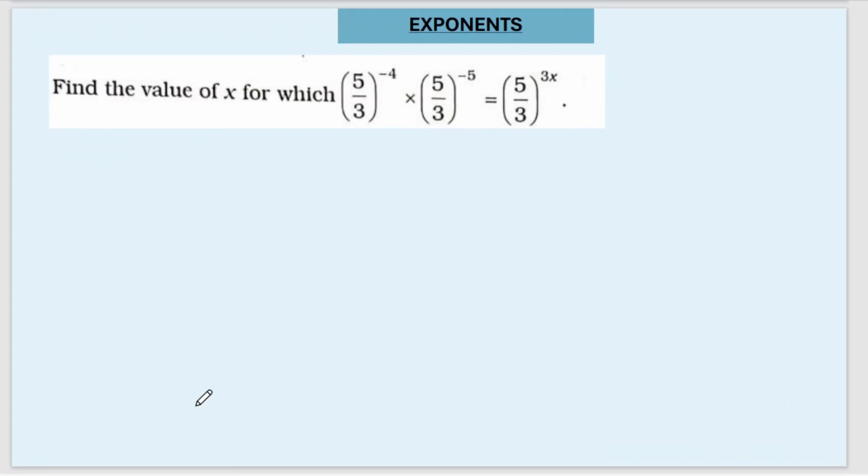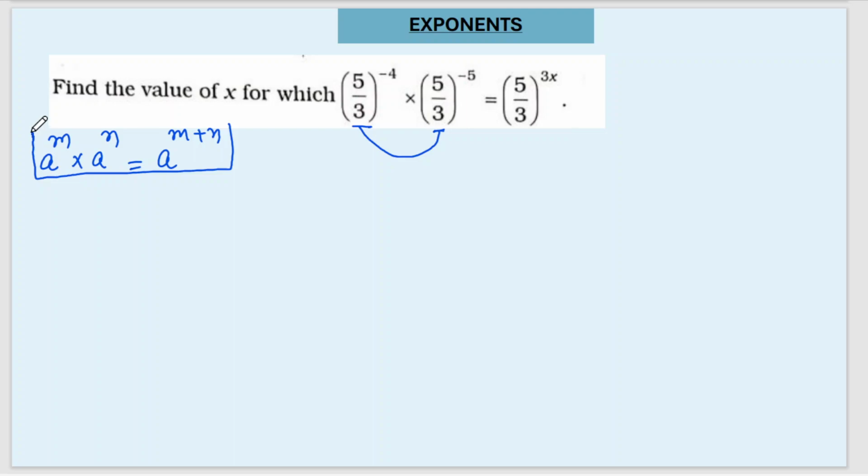Find the value of x for which 5 by 3 to the power minus 4 into 5 by 3 to the power minus 5 is equal to 5 by 3 to the power 3x. Okay. See, here we can see we have the same base. So we have remembered that if there is the same base, suppose a to the power m into a to the power n, with different exponents but the sign is multiplication, then we add the powers.